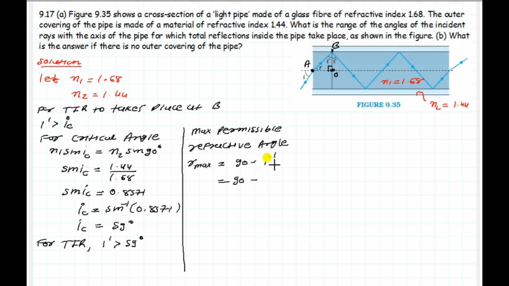I take 59 degrees as the limit, below which total internal reflection would not take place, to find the maximum permissible value of R. So 90 minus 59 becomes 31 degrees. Let the maximum angle of incidence be I max.